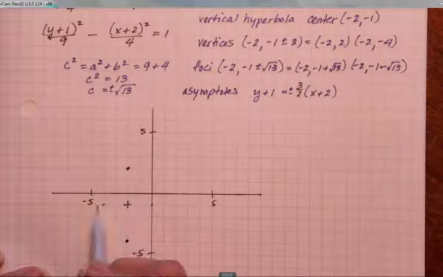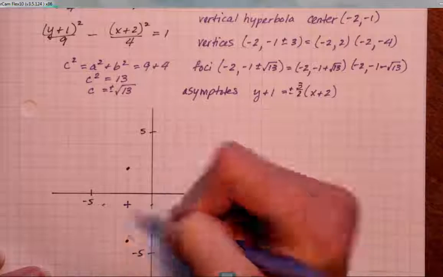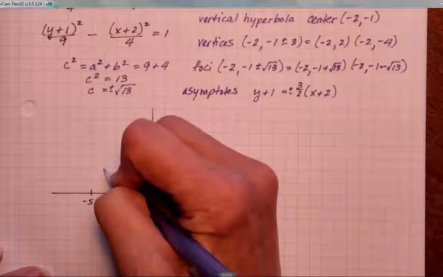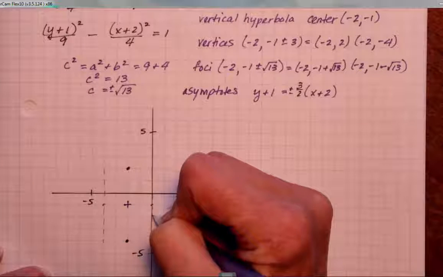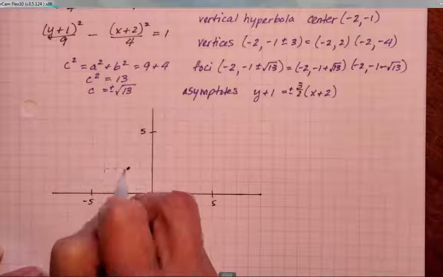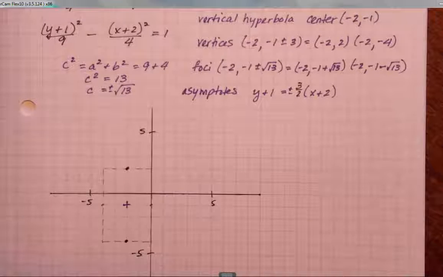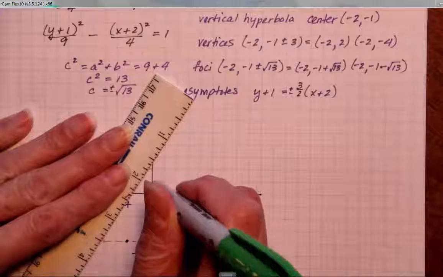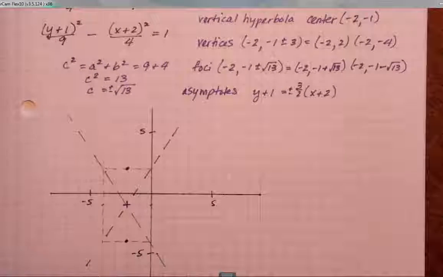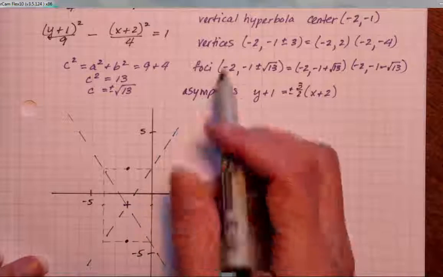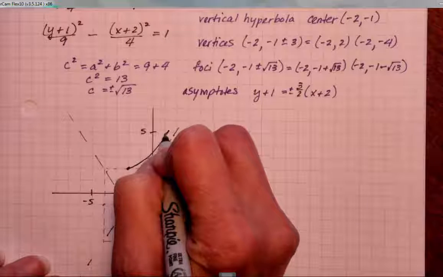So using my transverse axis and my conjugate axis, I know that I can then draw a rectangle going through those b points and your a points. Using that, I can then draw the diagonals of this rectangle, and they need to go through my center too. And then I can go ahead and draw my hyperbola, and remember it's a vertical hyperbola, and this is what it's going to look like.